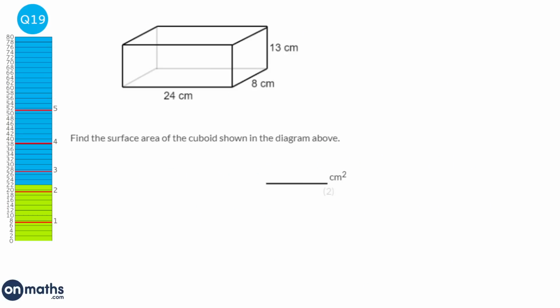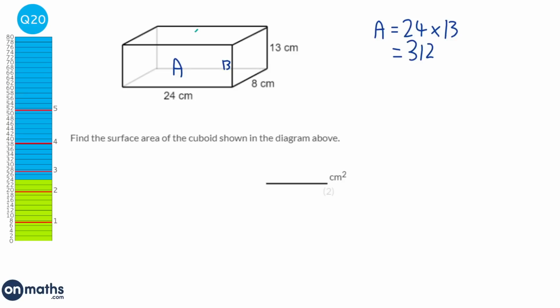88.8. To find the surface area of the cuboid, I'm just going to label the faces and do them individually. So we've got A, which is 24 by 13. So we're going to do 24 times 13, which is 312.